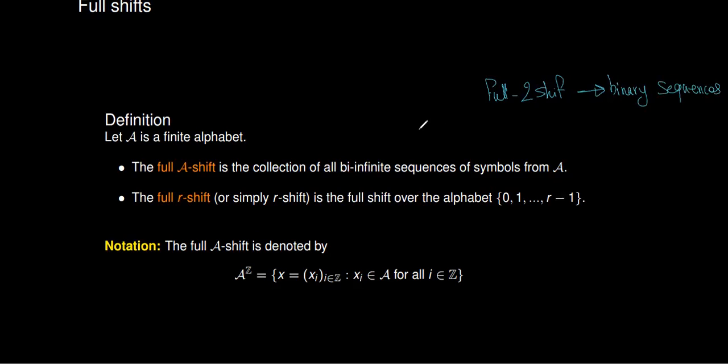It's a special type of shift. We say that full 2 shift, then our alphabet is 0 and 1. Some computers using two-sided binary sequences are using the full 2 shift. Maybe I don't know, I'm not an expert in computer science, but maybe we have some computers using such sequences. So let's go to the next slide.